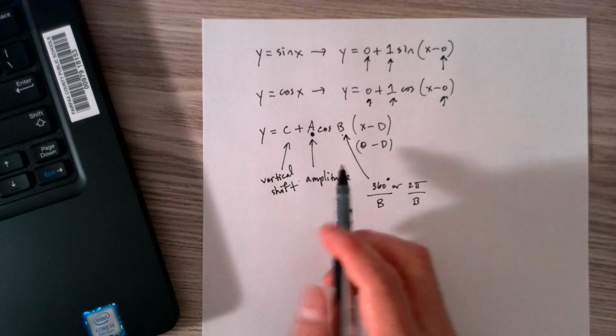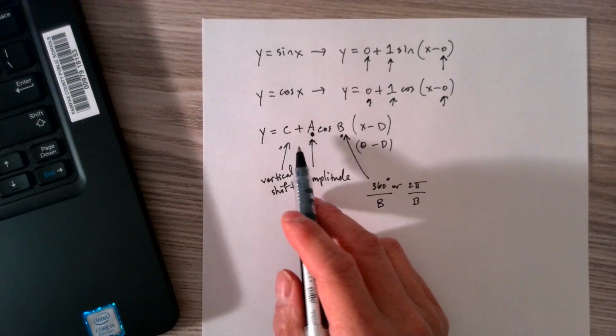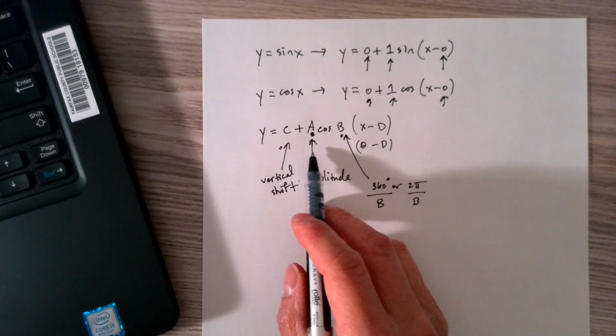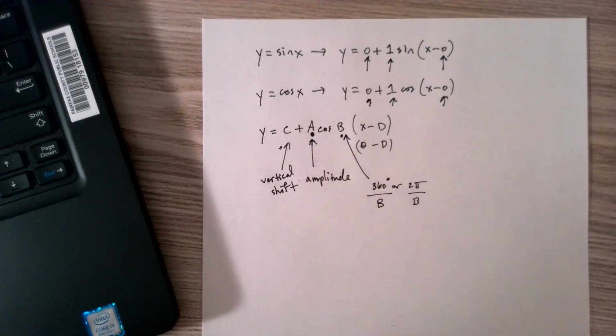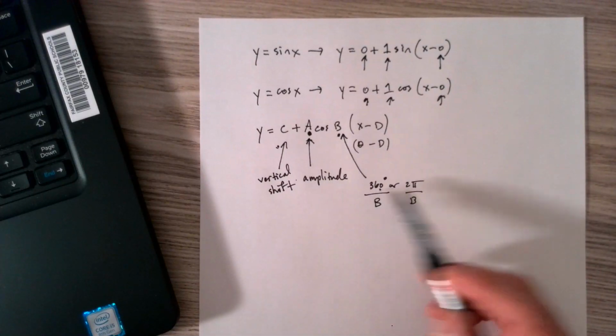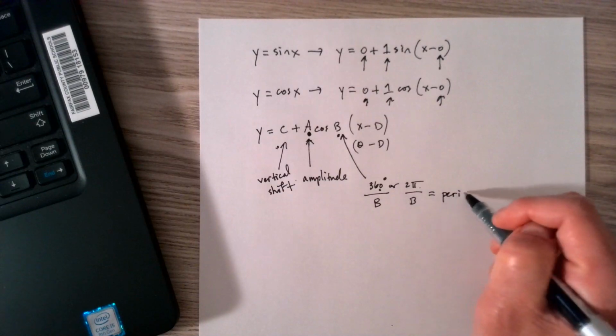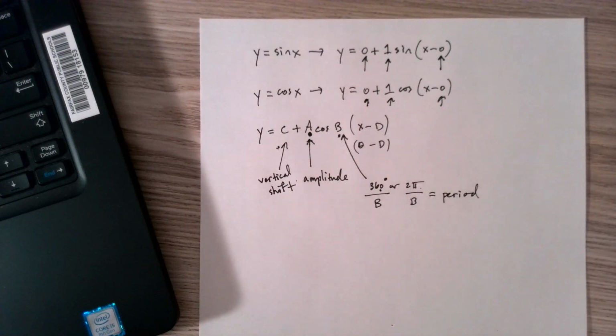Okay, so this value is a little different than a and c, because a and c are values that directly reflect something in the graph, whereas b, you have to take 360 or 2 pi, divide by b, and then you know the period. So you have to do a little calculation.